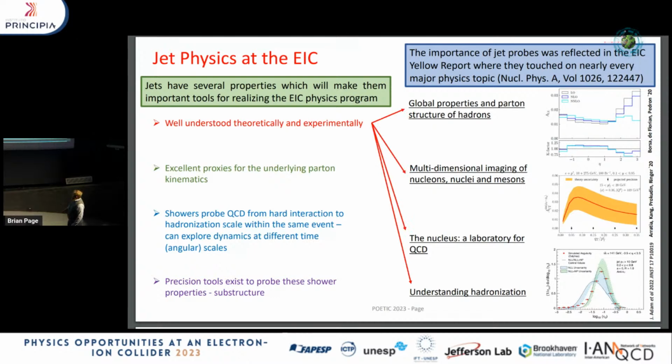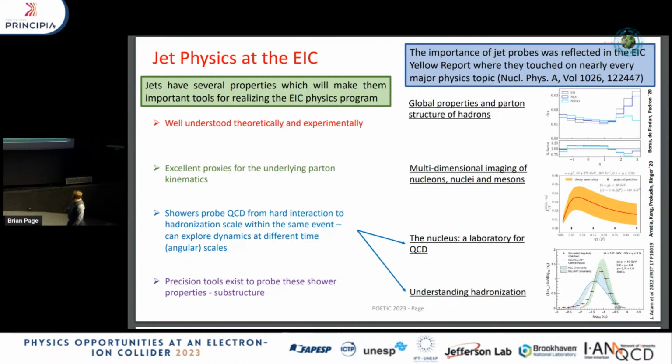And so, of course, the fact that they're well understood impacts all of these measurements. This is the zeroth order thing that you need for a successful observable. Being an excellent proxy for the underlying partons is very useful for global properties and multidimensional imaging.